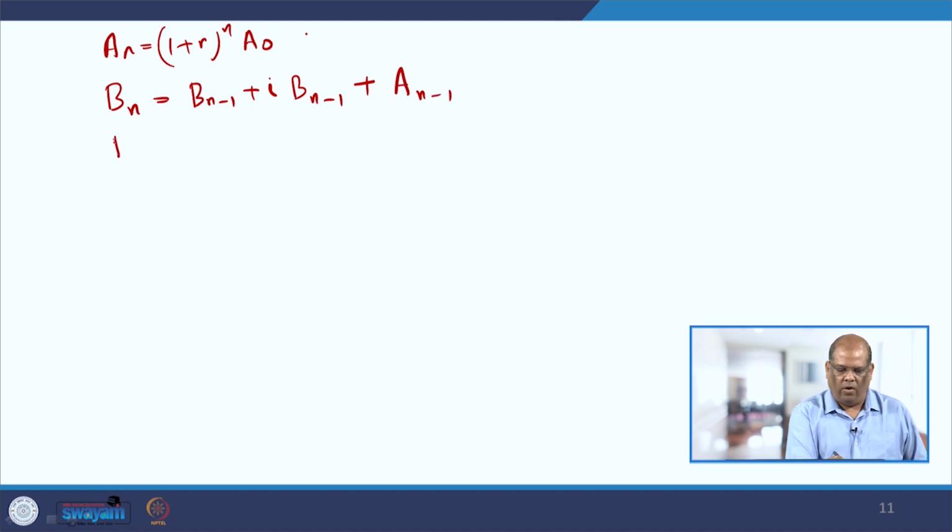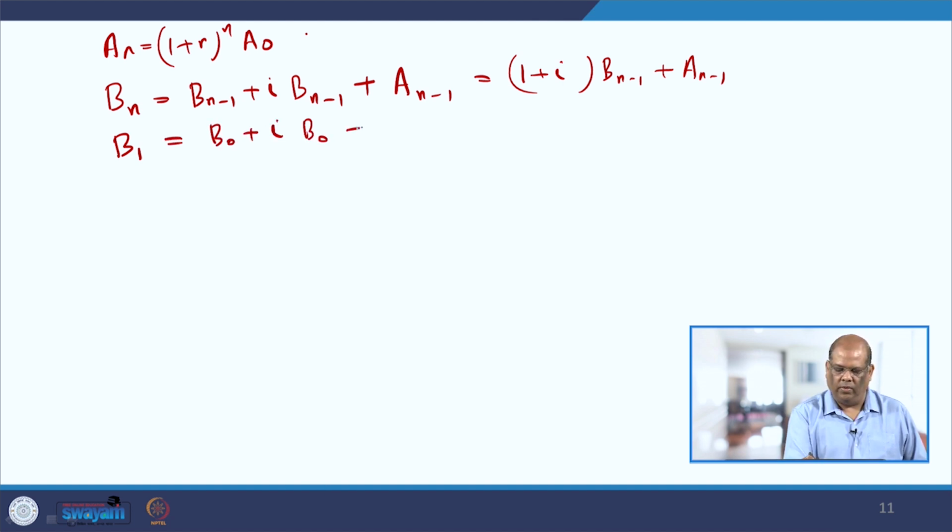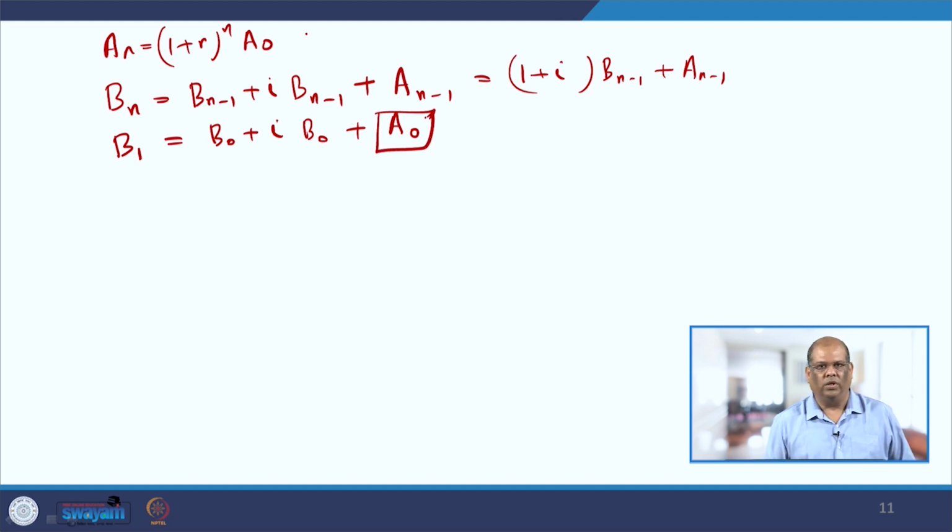So, this can be written as Bn equal to 1 plus I times Bn minus 1 plus An minus 1. If I want to find B1, it will be B0 plus I times B0 plus A0. Now, initially there is no balance in B0 because the initial investment starts from here, which is 20,000. So, your B0 is 0 in this case. So, you are left with only A0, the initial balance.